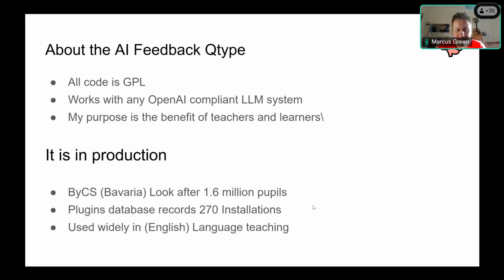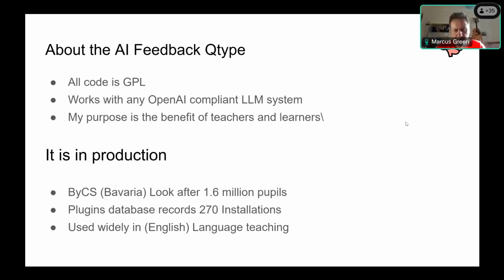It will work with any OpenAI-compliant large language model system, OpenAI being the people behind ChatGPT. My purpose is the benefit of teachers and learners, and by implication this is not for surveillance, it's not to help people who are managing teachers. This is about teaching and learning.